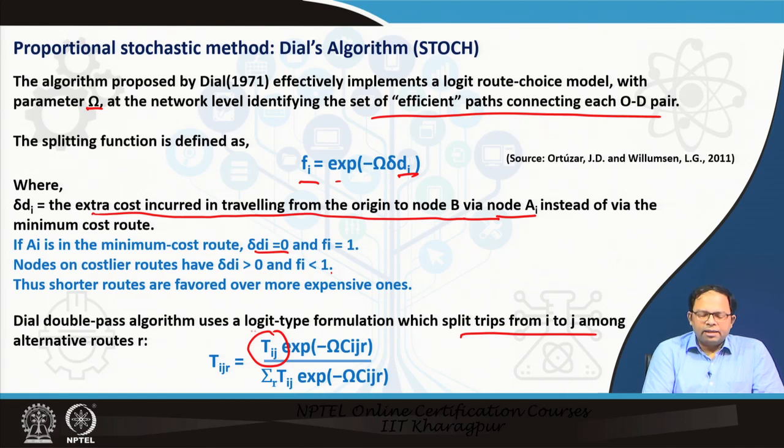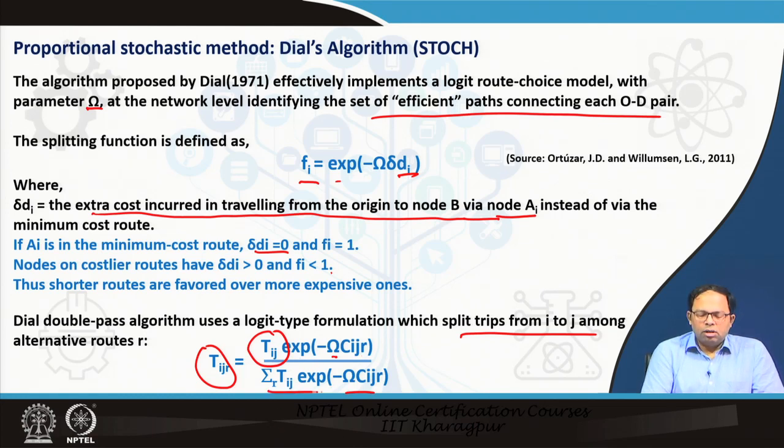Then Tij for route r is actually Tij times that splitting function, where at the top we are taking e to the power minus omega times the cost of this particular route, route r between i and j, divided by the summation over all routes between i and j. So between i and j, for all the routes, e to the power of that particular extra cost function is put in the denominator.